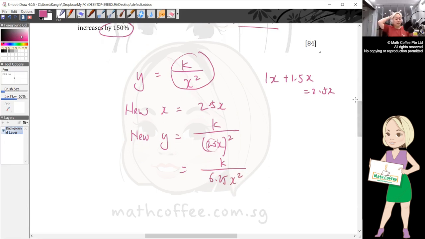A lot of students get the 6.25 and are very irritated by it, they don't know what to do with it. So you must know how to split it. This simply means it is 1 over 6.25 multiplied by k over x squared. It's just that, for example, if I have 1 over 2 multiplied by 1 over 3, we know we will have 1 times 1 and 2 times 3, so we have 1 over 6.